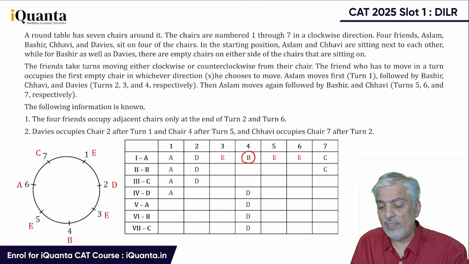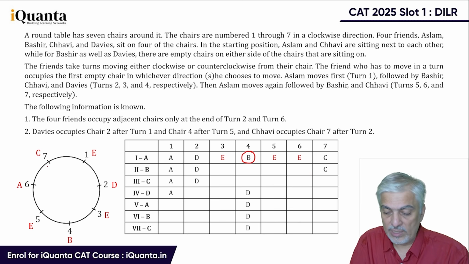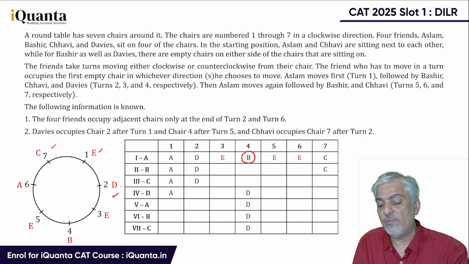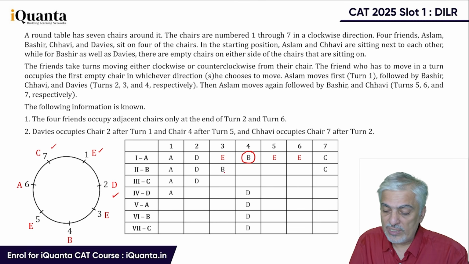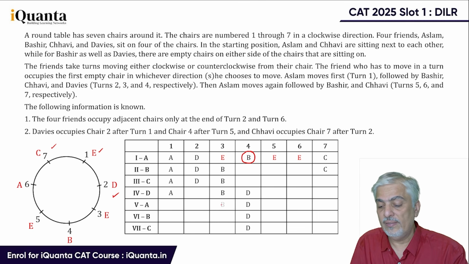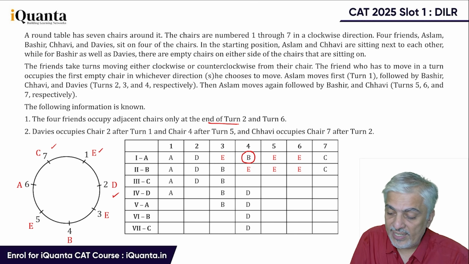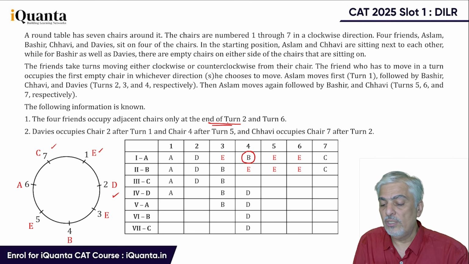So 7, 1 and 2 are consecutive. From here, if you see, 7, 1, 2 are consecutive. So the next chair will have to be 3 only. So B will have to move to 3. And obviously now B will remain here till round 5. And the other 3 will be empty. So we have satisfied the condition that at the end of turn 2, all 4 are sitting together. So we got the end of turn 2.